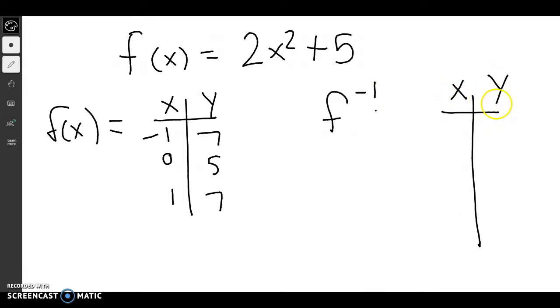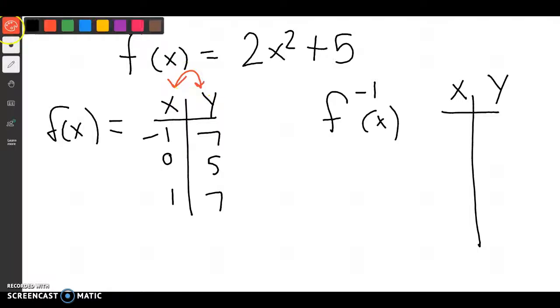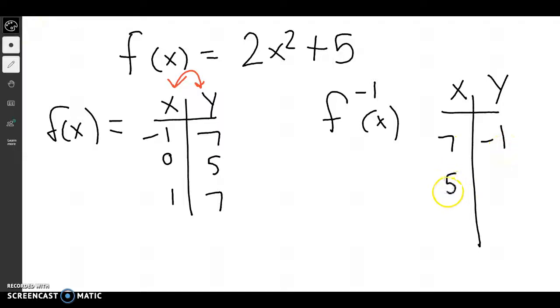Well, f inverse of x would just be these flipped. So I'm going to go through and I'm just going to flip them. So it would be 7, negative 1, 5, 0, and 7, 1. And I would just go through and graph those points.